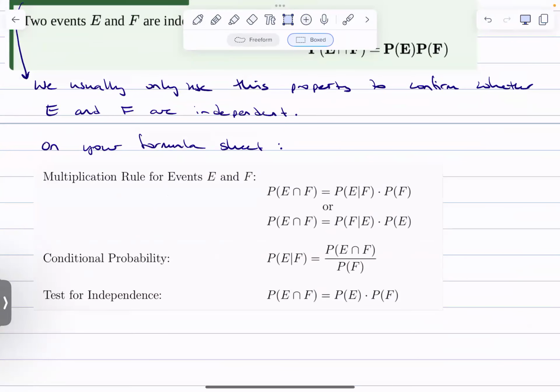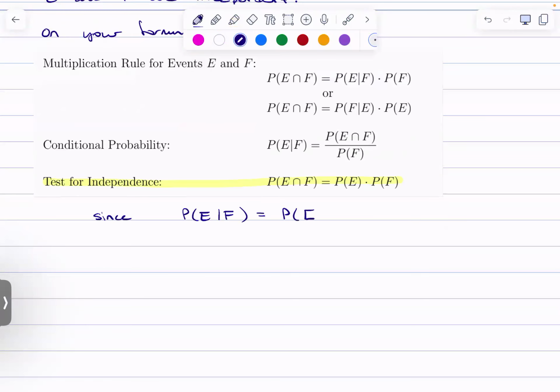But the test for independence that we're talking about here is this one. And where does it come from? Since the probability of E given F is the probability of E and F over the probability of F, that's from here, just in general.